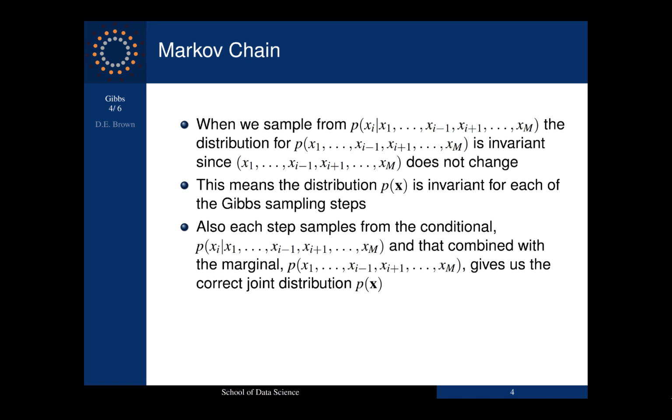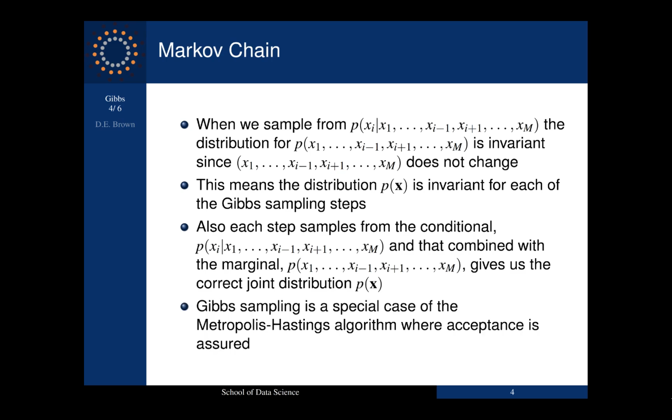So our invariant Markov chain results will apply in that it will converge to the invariant values for that Markov chain, which will, in fact, be the correct values of the target distribution. And in this sense, Gibbs sampling is a special case of Metropolis Hastings where the acceptance is assured, and as we pointed out, we're using the proposal distribution as the same as the target distribution.